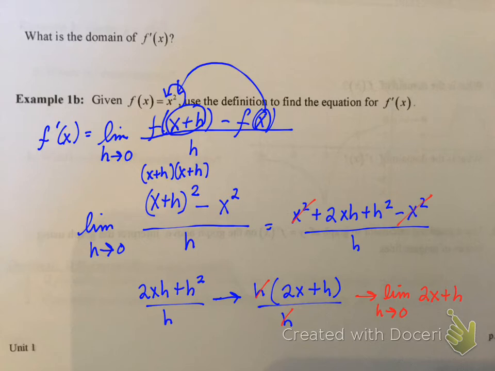So it says h is approaching 0. So I have 2x, and wherever I see h, I'm plugging in 0, so I'm left with just 2x. So what is the derivative of x squared? That is the slope, by the way. So your slope is 2x, okay? So now I can plug in whatever point I want on that function, and I'll find out what the derivative is.